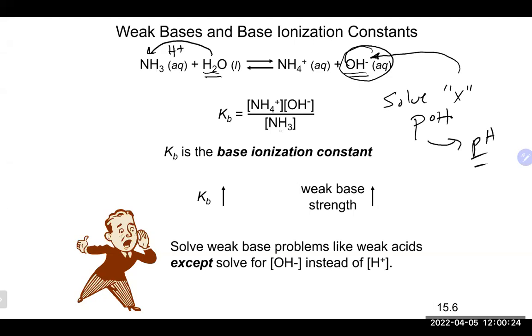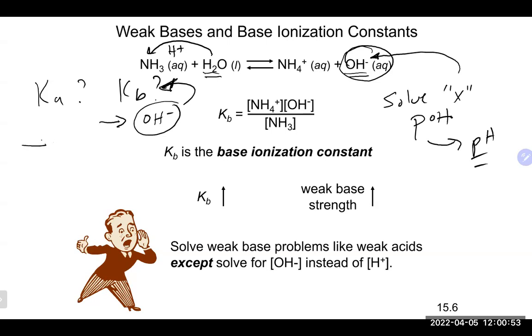Now, there's a situation that will be coming up shortly, in a lot of problems, where you maybe need to decide, should I use a Ka or a Kb? And there's a very simple way to determine which one you should be using, and it revolves around writing the equations correctly. If you write an equation and on the product side you see hydroxide, you definitely should be using a Kb value.